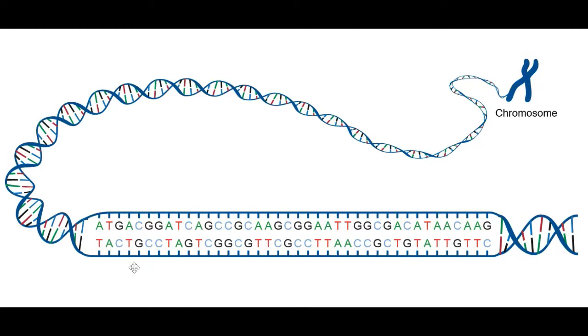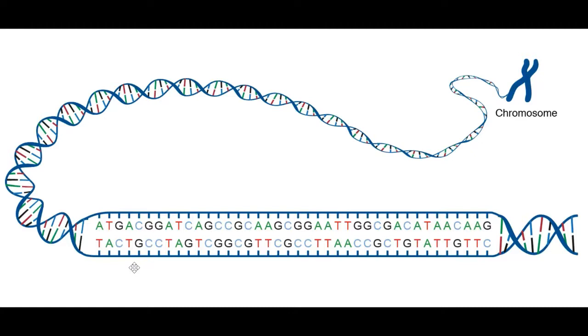So part of this long sequence of base pairs is a code that determines what the sequences of amino acids will be in the proteins that make up the cell, for example, all of the enzymes that control the biochemistry of the cell. And that sequence of amino acids determines the properties of those enzymes.